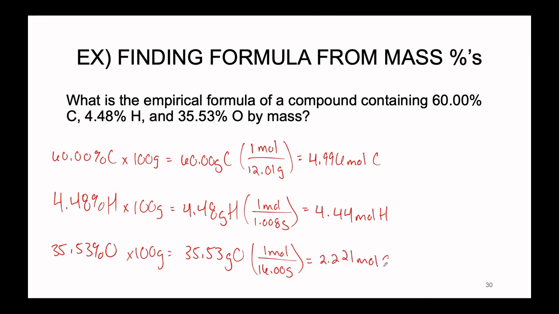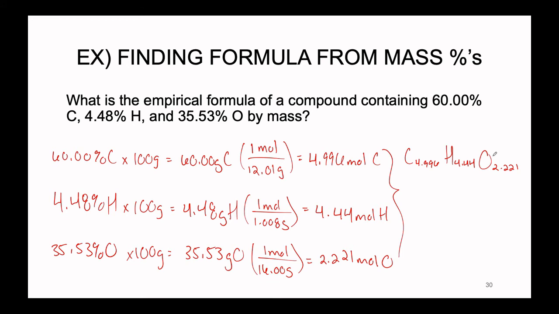Now, just like before, our next step, now that we have the moles present, is to take each of these molar values and drop them into the subscript of some type of chemical formula. So we have 4.996 carbons, 4.44 hydrogens, and 2.221 oxygens.